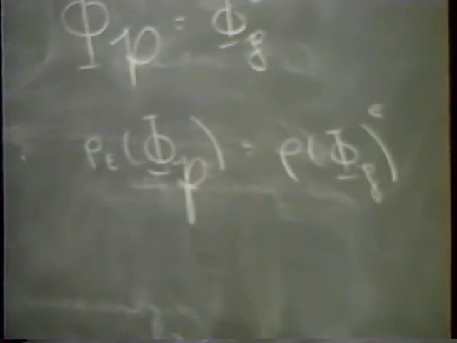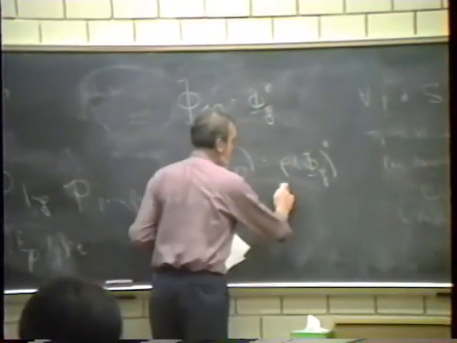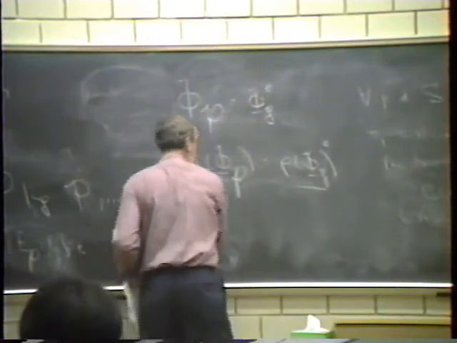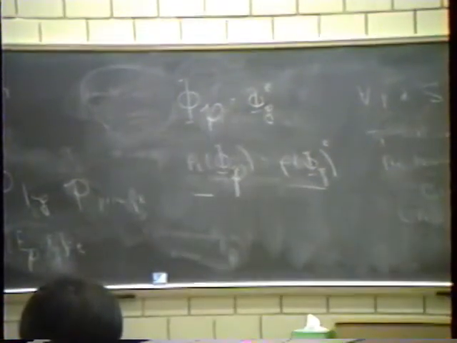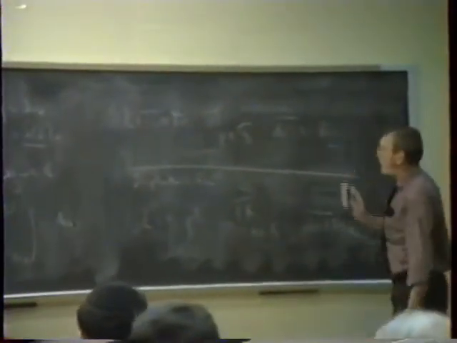So the L function is defined entirely in terms of this, and therefore I can define the corresponding L function without appealing to rho. I just say at every prime take the eth power. Let's see how it works here.